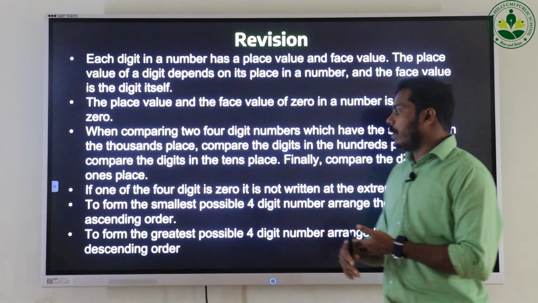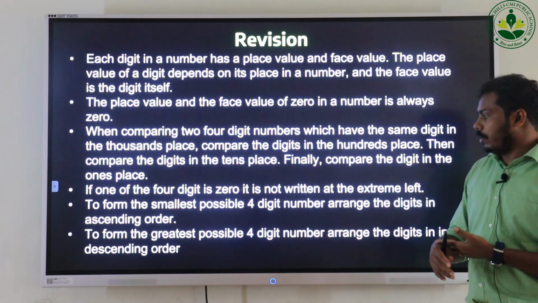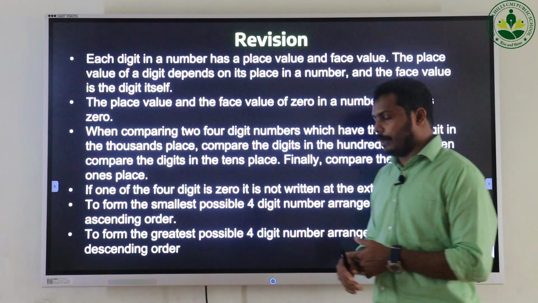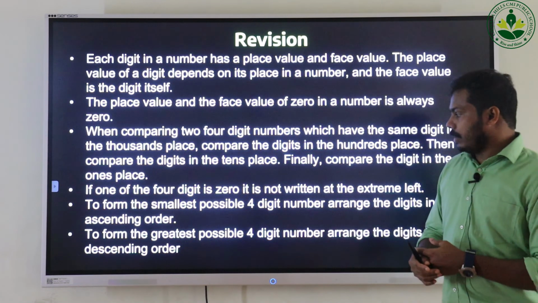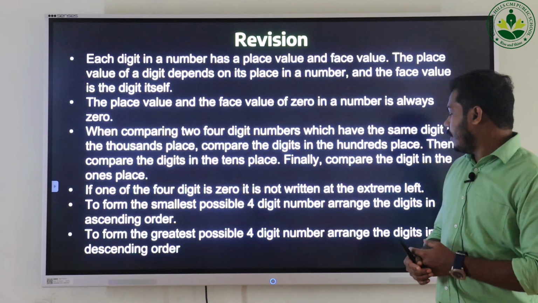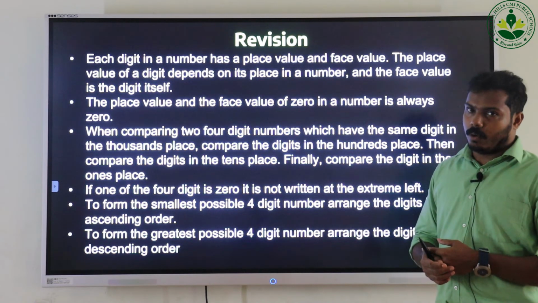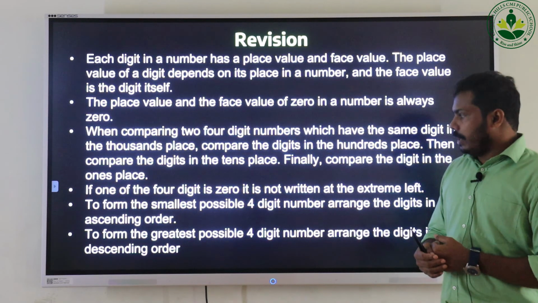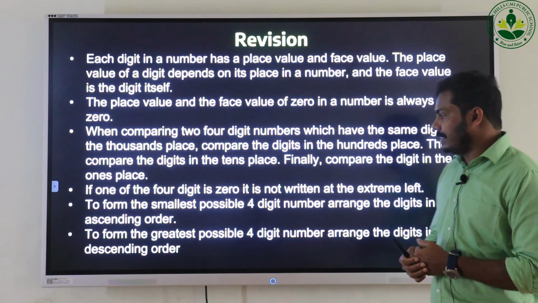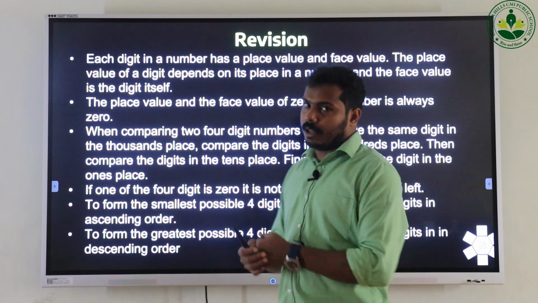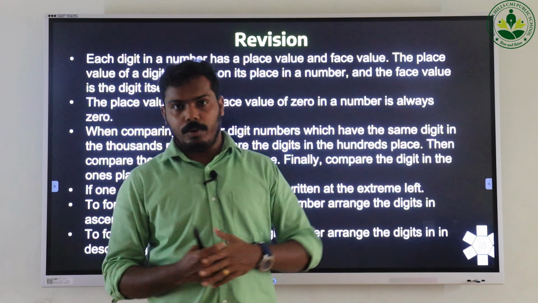If one of the 4 digits is 0, it is not written at the extreme left. To form the smallest possible 4 digit number, arrange the digits in ascending order. That means small to big. To form the greatest possible 4 digit number, arrange the digits in descending order. That means big to small.